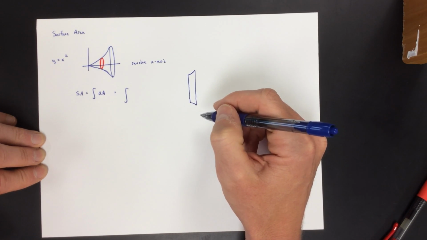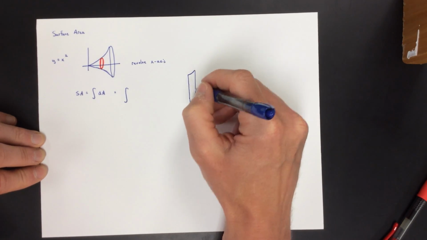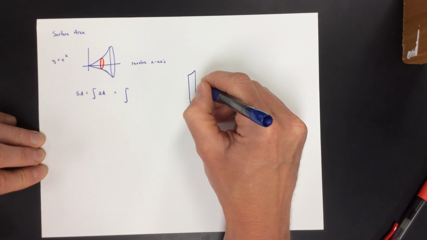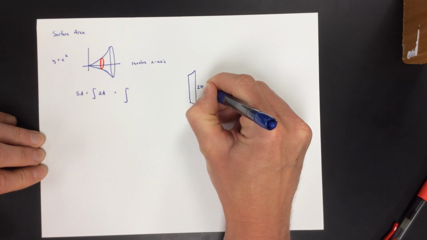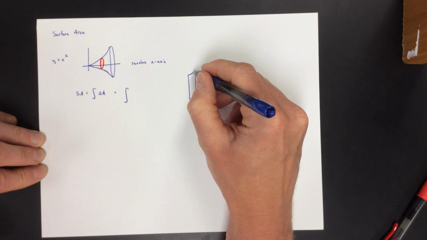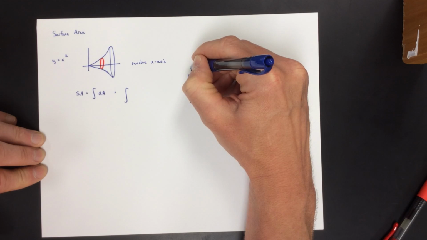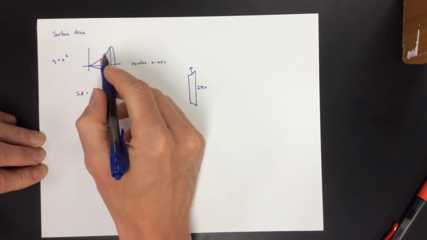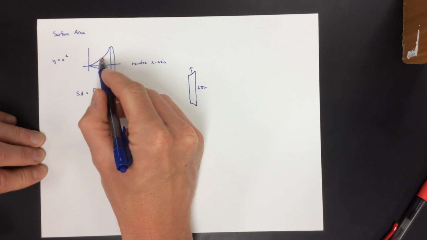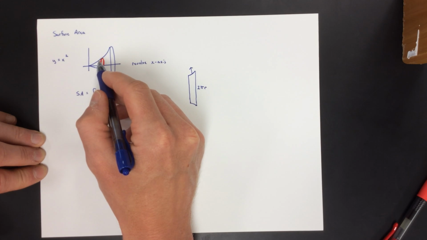So this distance is 2 pi r. And this distance is what? Well, this distance is the length along the arc that we traveled, right?